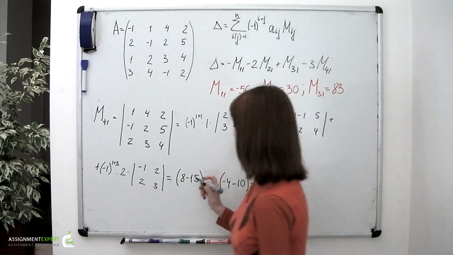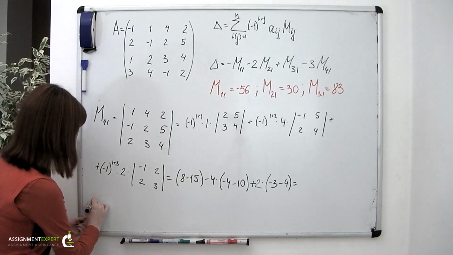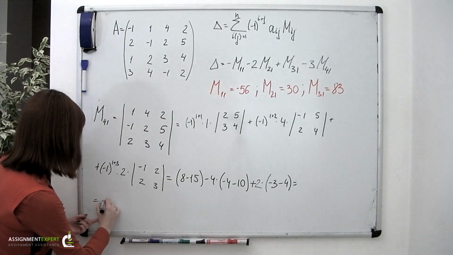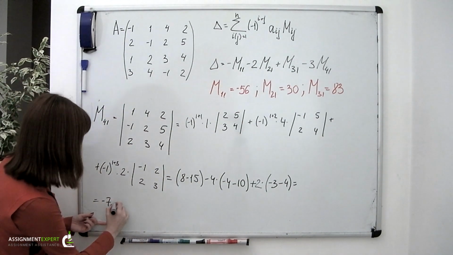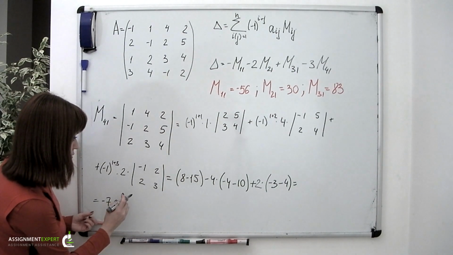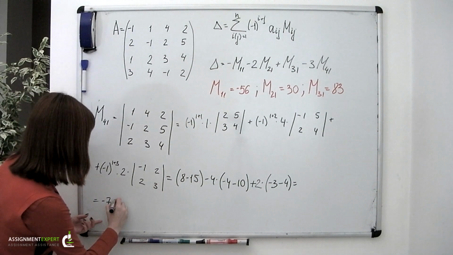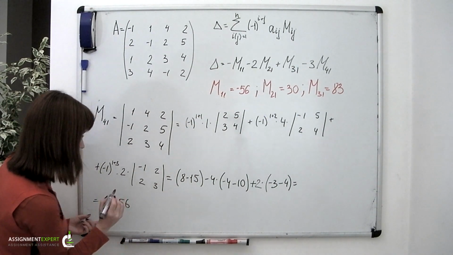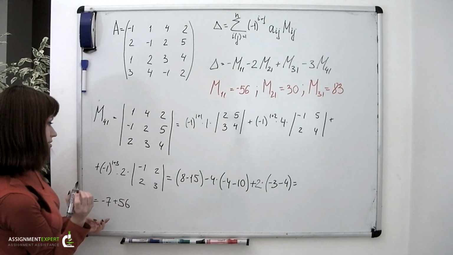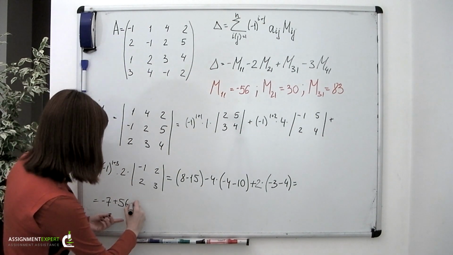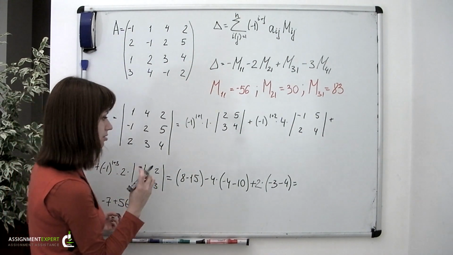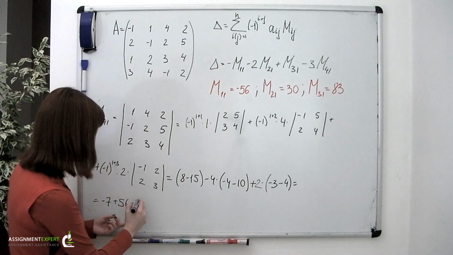So we have 8 minus 15, which is negative 7, then we have negative 4 multiplied by negative 14, and that is positive 56, I suppose. Right? And then minus 2 times negative 7, which is negative 14.